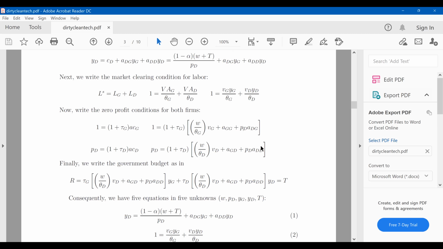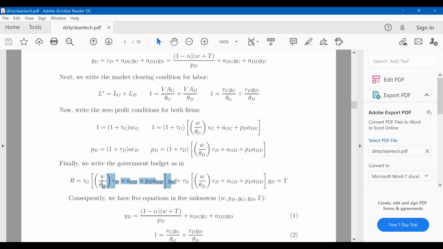Okay. Now at the very end, of course, you know that the government budget constraint must be satisfied, right? Because government collects taxes from the firms. This is the revenue, and revenue is an endogenous variable. And then the government gives this revenue to the household as a lump sum transfer, which is T, right? So there is no other role. There's no other spending. There's no other source of borrowing, or there's no other source of revenue. So we want to write the total tax revenue of the government, and it is that. Right? Why? Because this is the average cost before tax.